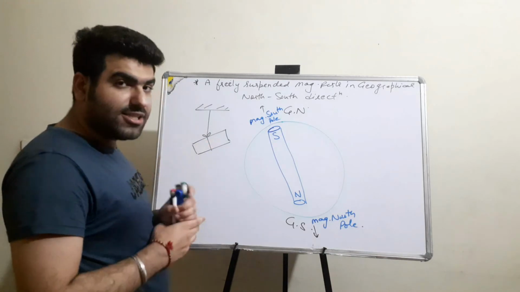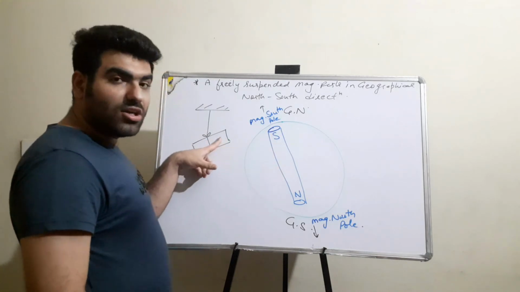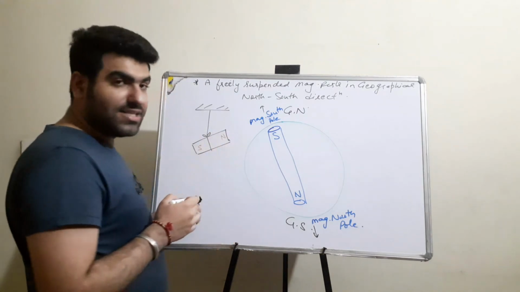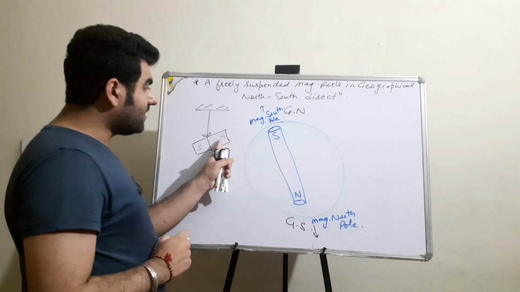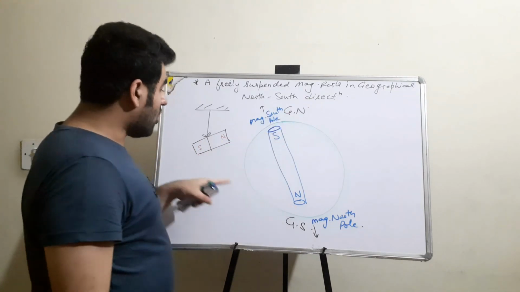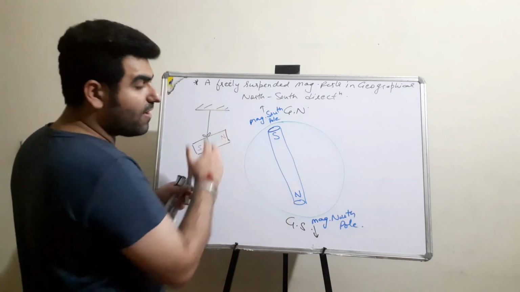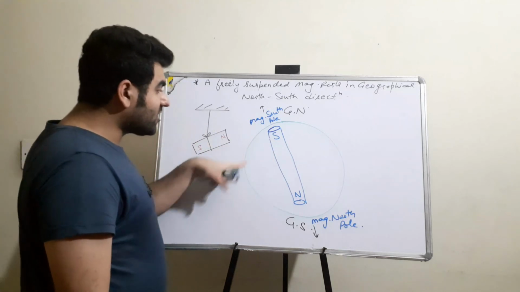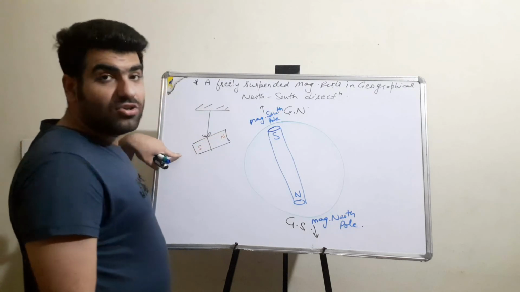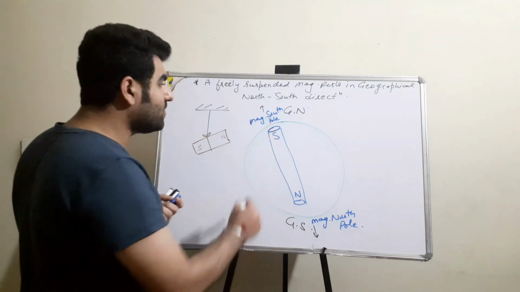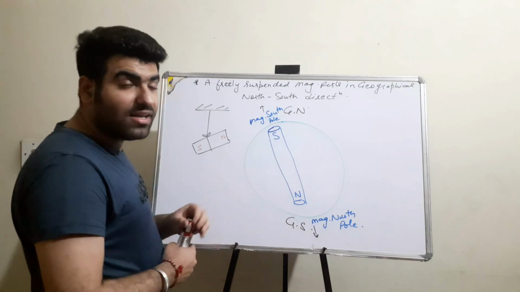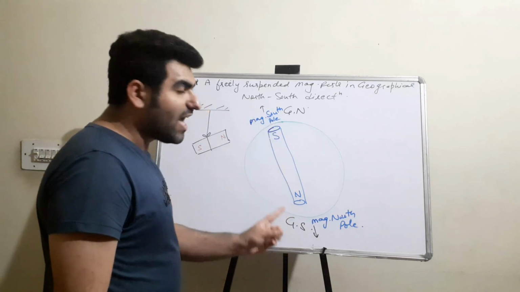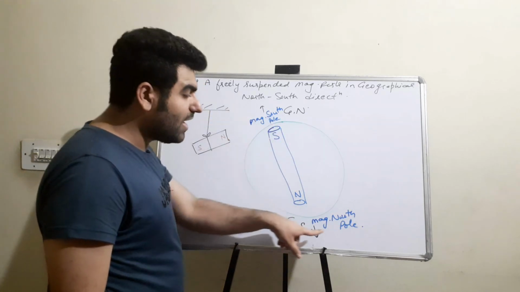Now if this is the magnet, the south pole will attract the north pole towards itself, and as a result this bar magnet will lie in this direction. This south pole of the earth will attract the north pole of the magnet towards itself, and this north pole of the earth will repel the north pole, making it move away. That is why this bar magnet always rests in the north-south direction like this. It is because of this giant magnet inside the earth, having the magnetic south pole and the magnetic north pole.